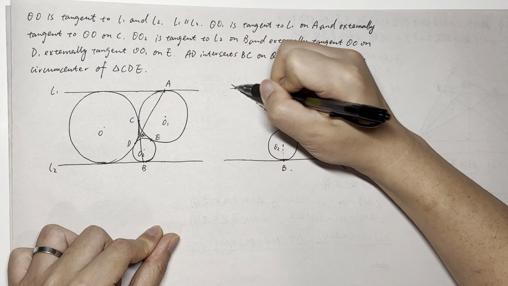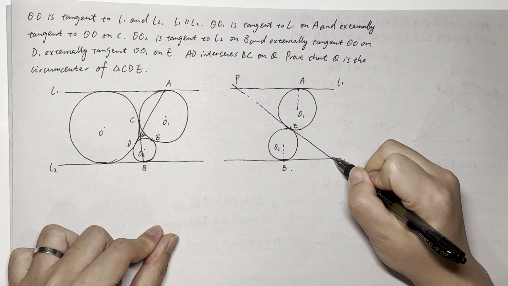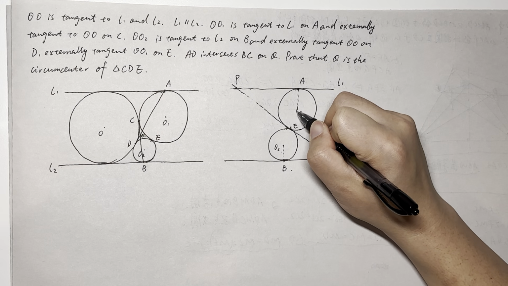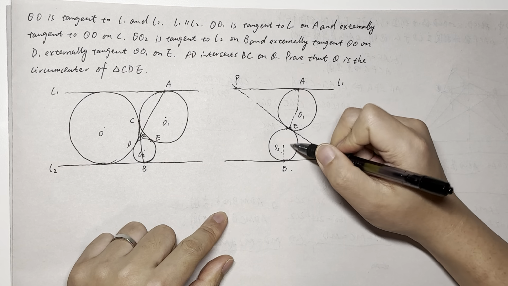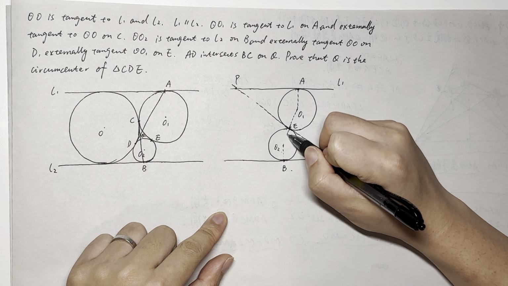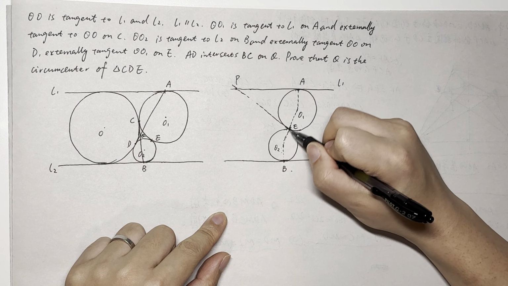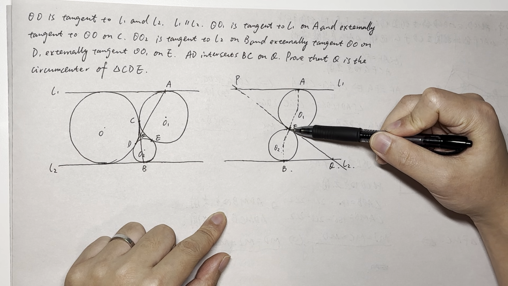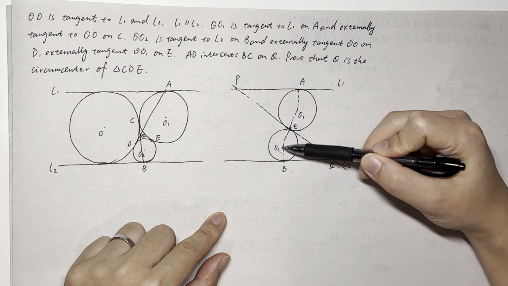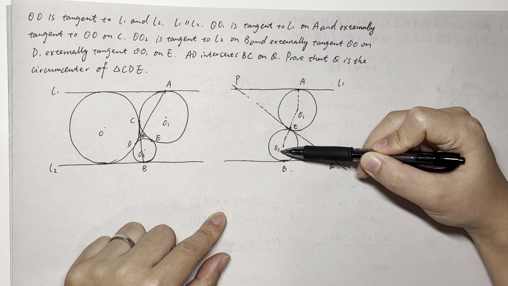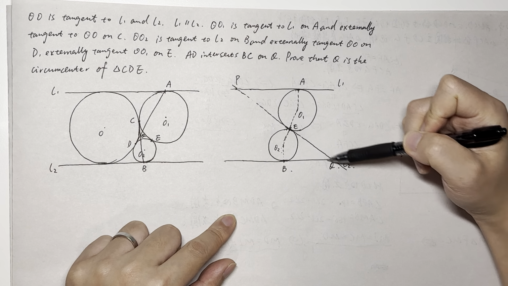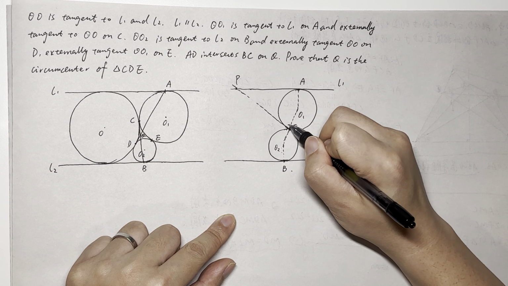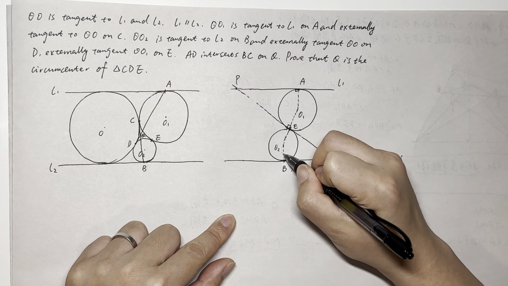Let's call this point P, this point Q. Let's connect O1E and O2E. Because circle O1 and circle O2 are tangent to each other at point E, we know that O1, E, O2 are collinear, and O1O2 is perpendicular to the tangent line at E. So this is 90 degrees, this is 90 degrees, this is 90 degrees.